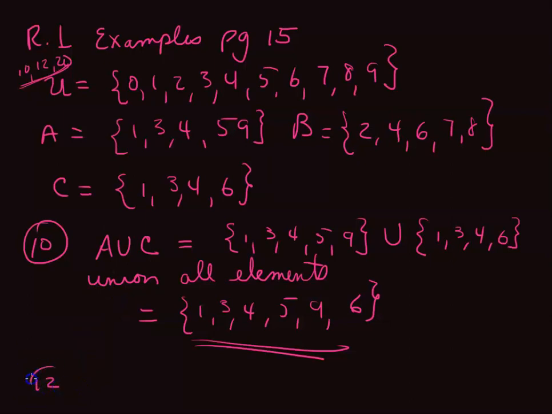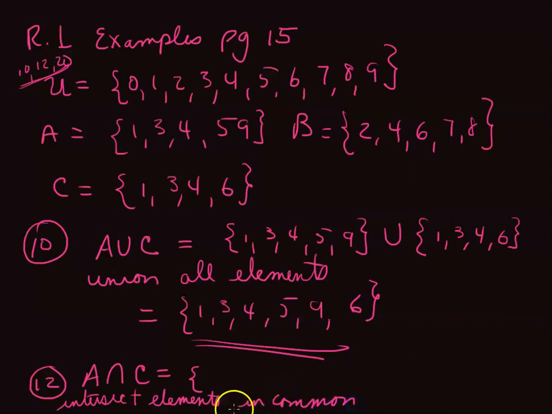Because I'm going to run out of room here, for 12 they want A intersect C. Well, you can write out A and you can write out C. We've already got that. But now when we do intersect, we want those that are in common. So you can write that intersect means elements in common. And what I'm looking for with these steps, to me it really makes sense, that if you write something down, you'll remember it better than if you just look at it.